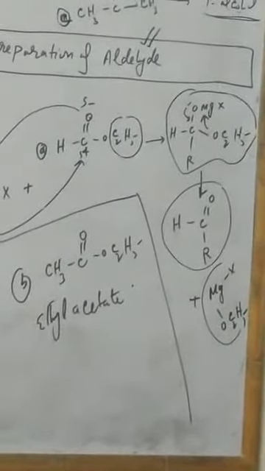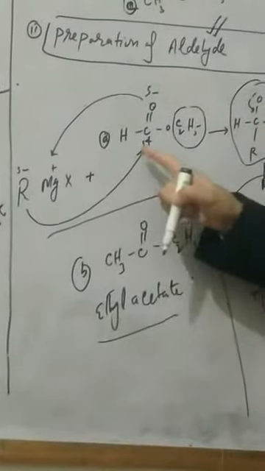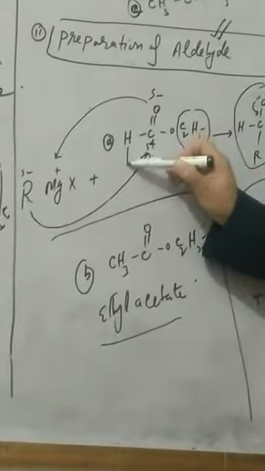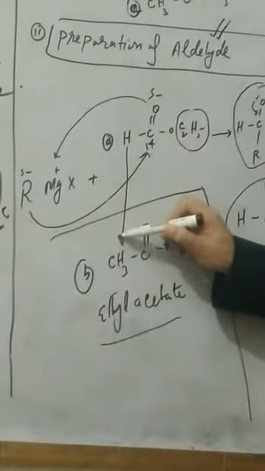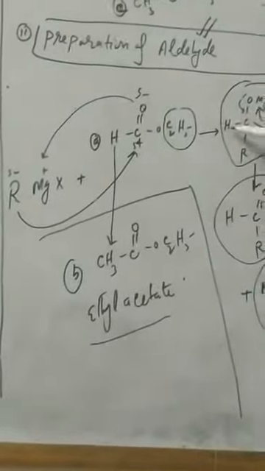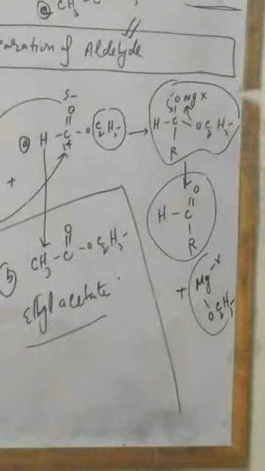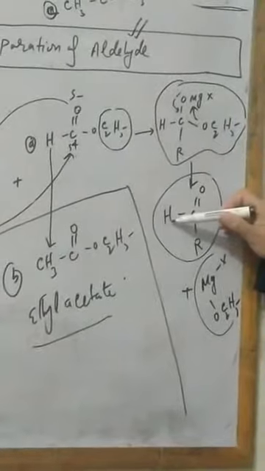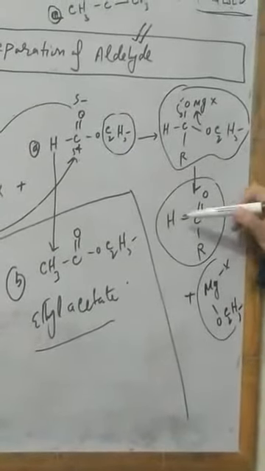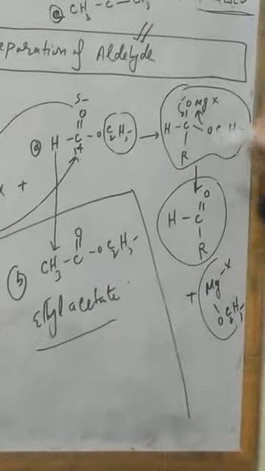Now, with ethyl acetate, the reaction is quite simple and is like this one. Just here, replace this by CH3. Here, you will get CH3. Here, you will get CH3. And the rest of the reaction is the same. So here you will get acetone.